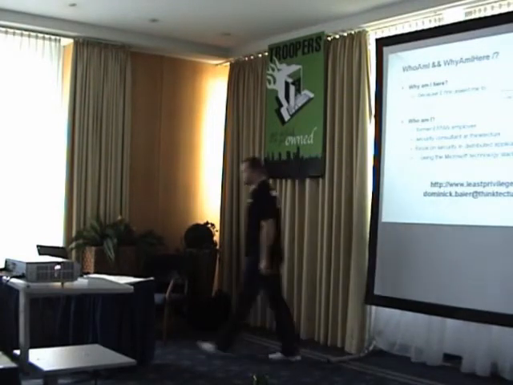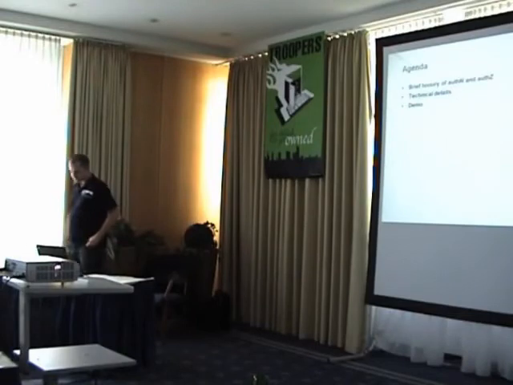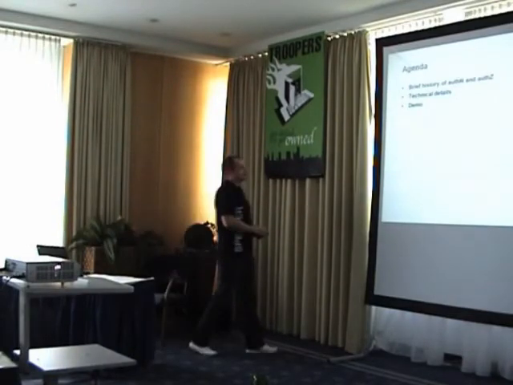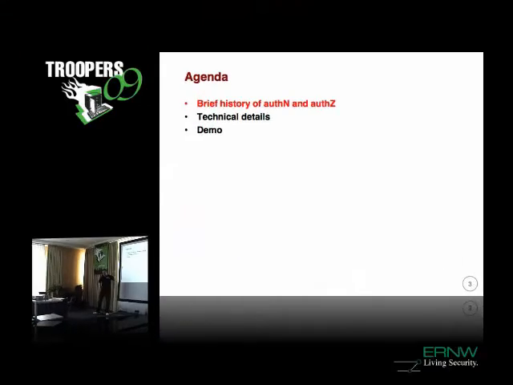Okay? Cool, so let's get started. So, basically I have divided this talk in 3 parts. One is a brief history of authentication and authorization, and why we are at the point where we are today. Okay? The next thing is I want to talk about this ACS.